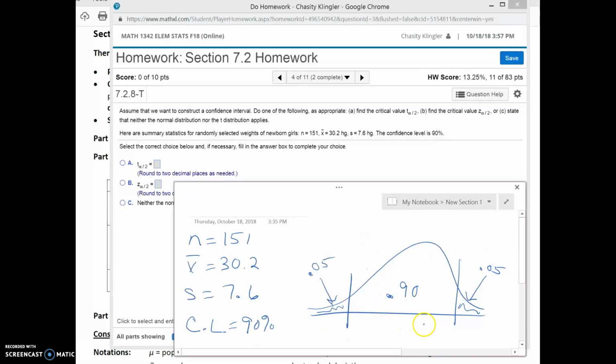And then you find your T alpha divided by 2 the same way we found the Z alpha divided by 2. You can use your calculator or the StatCrunch. The steps are on your handout for the Chapter 7 formulas. So I'm going to go to StatCrunch.